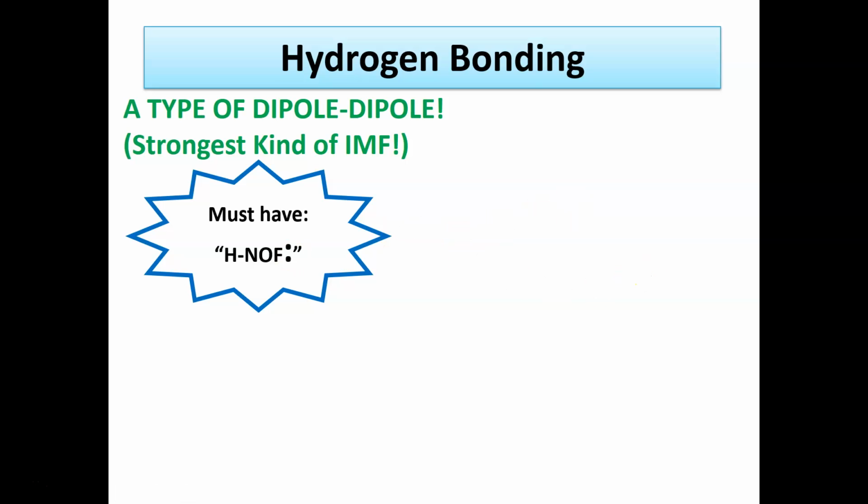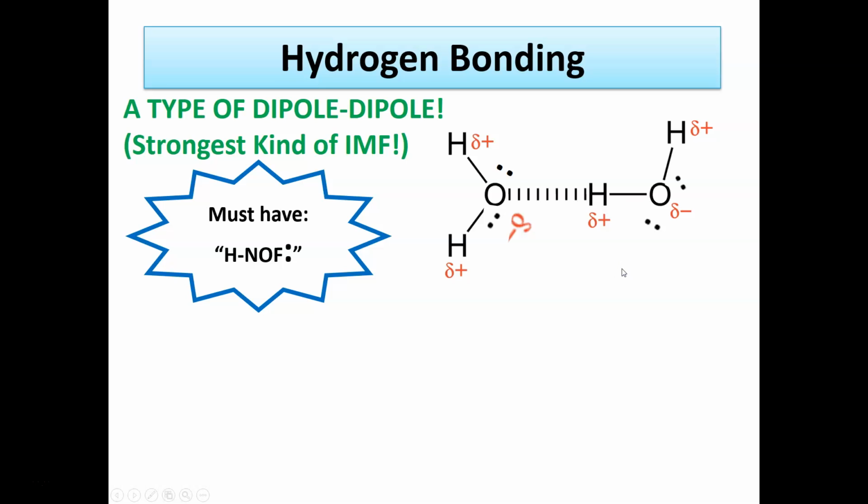So let's look at an example of water, the most classic example of hydrogen bonding. We have a hydrogen. It is directly attached to one of our NOF atoms. This time it's an oxygen. And the oxygen has one or more lone pairs on it. That makes a really, really plus side and a really, really minus side. This end is really pulling the electrons towards it. That's going to allow this electrostatic attraction between the molecules, the IMF, the intermolecular force.